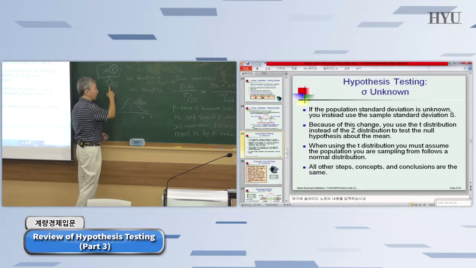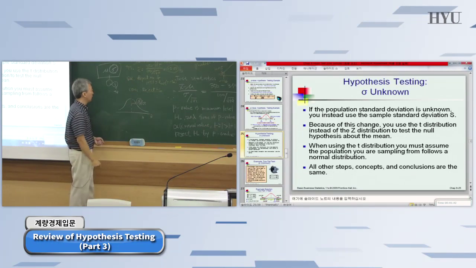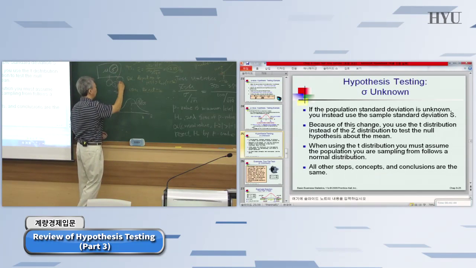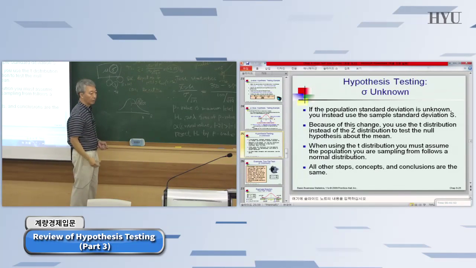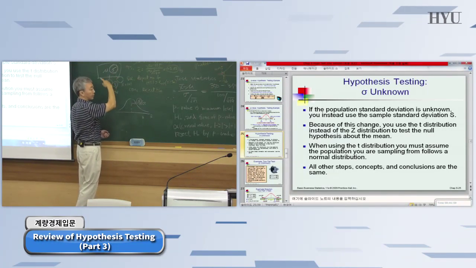the first time you take a sample, the standard deviation may come out to be 98. And then you take another sample and calculate the standard deviation, and this time it may come out to be 101, depending on how you select your sample. We have so many light bulbs here.